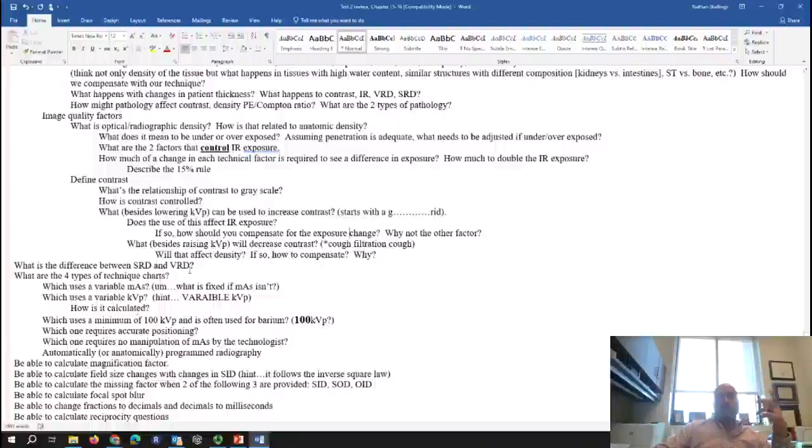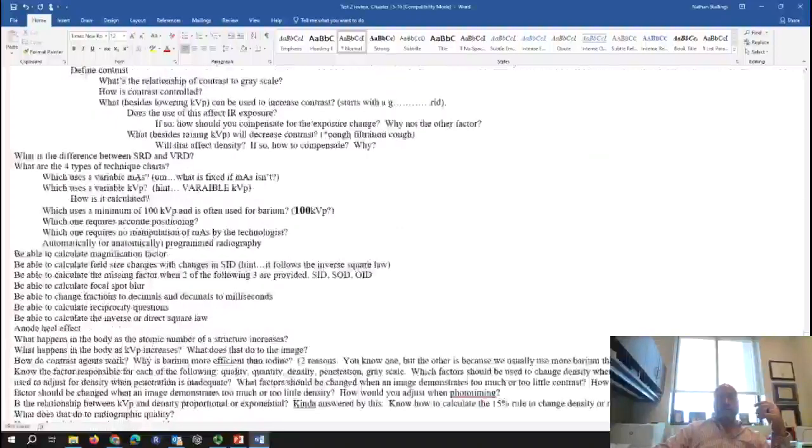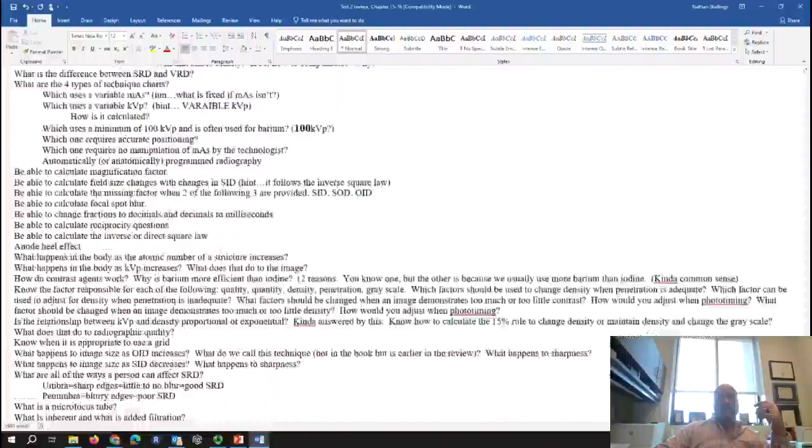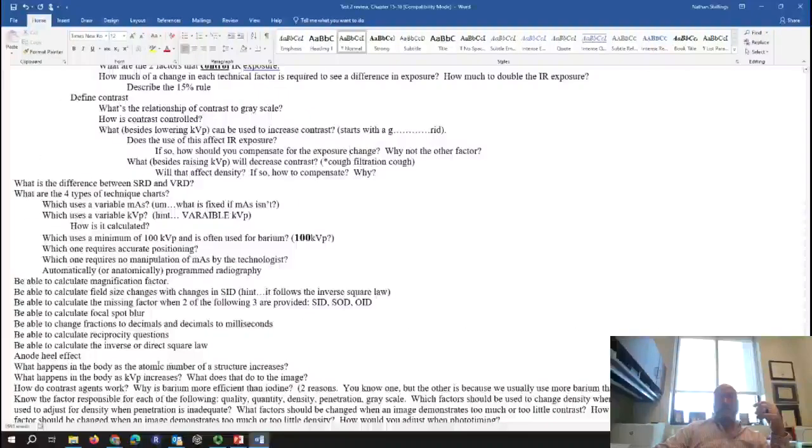Difference between sharpness, we did that. 4 types of technique chart, we did that. Calculate magnification factor, field size. So some of these, to relieve some anxiety, there's very minimal math on this test, and what math there is, you should be able to calculate it in your head.